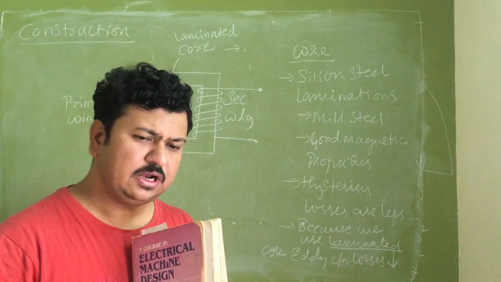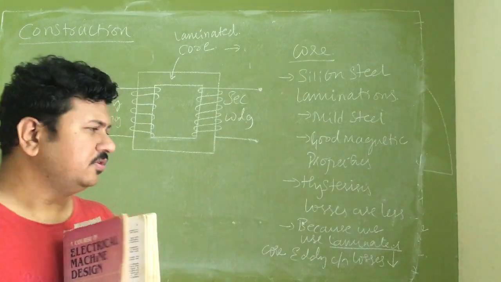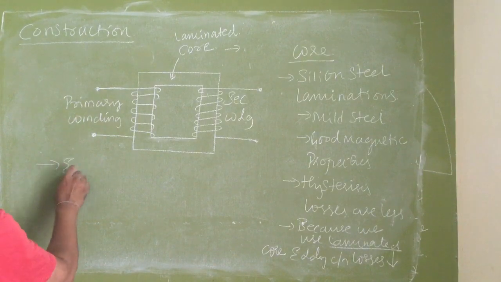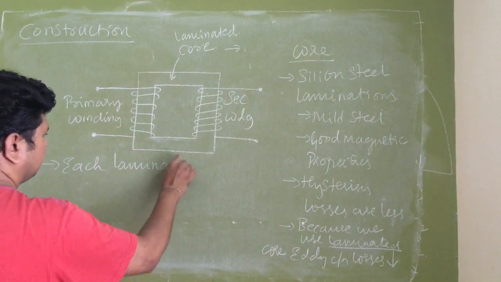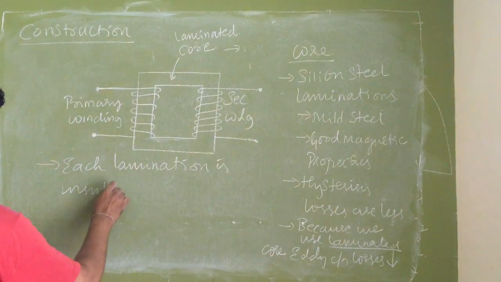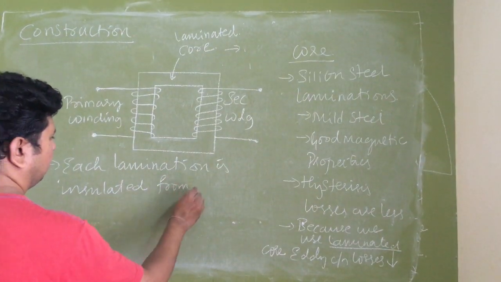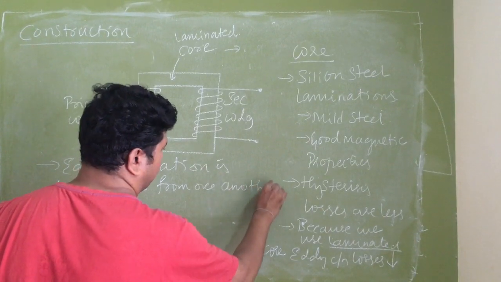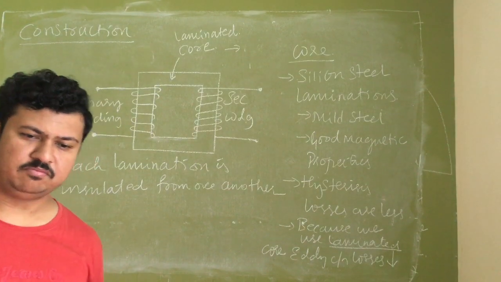Why we need that, we will see in the eddy current loss discussion. So you can write: each lamination is insulated from one another.